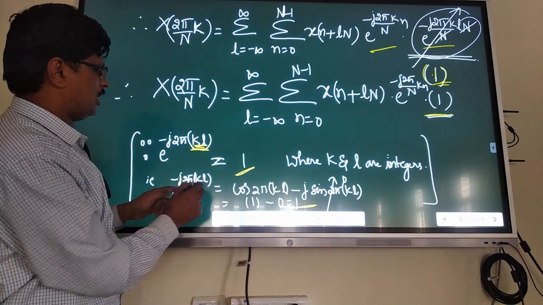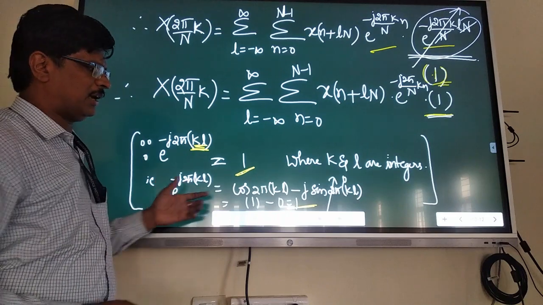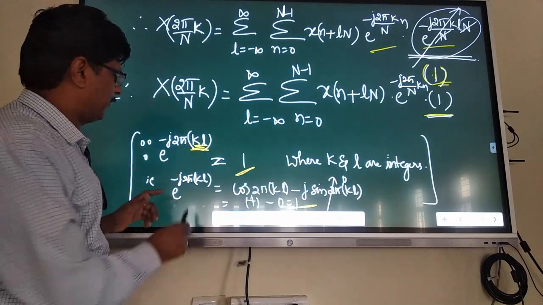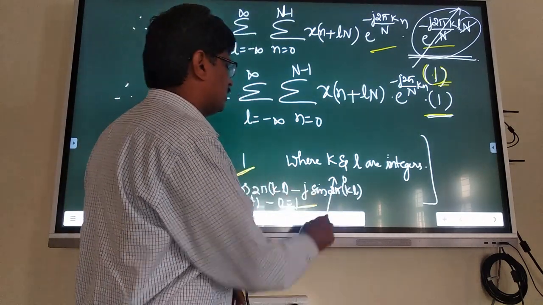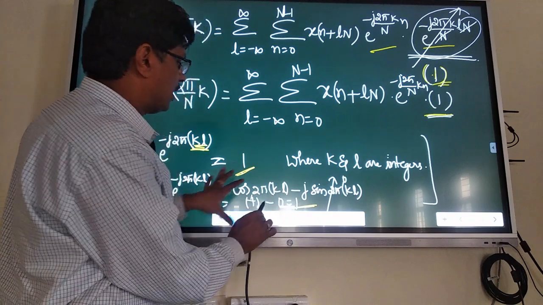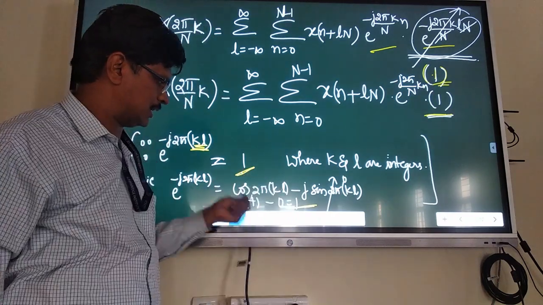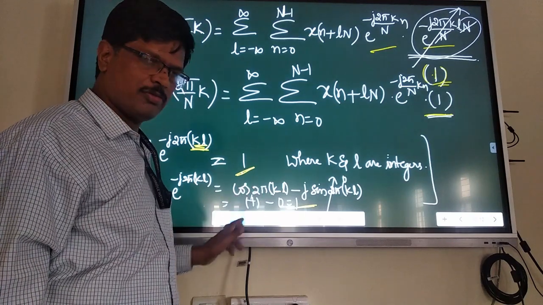Then e power minus j2π kl is expanded using e power minus jθ as cos θ minus j sin θ: cos 2π kl minus j sin 2π kl. The sine of any integer multiple of π is 0. Cos of 2π kl is 1. Why? When kl is 0, you get cos 0, which is 1.